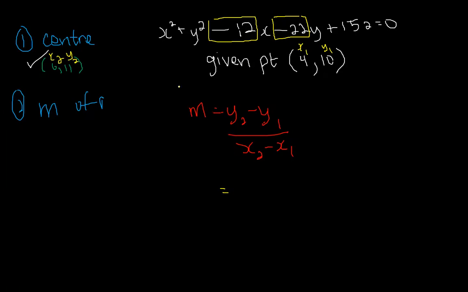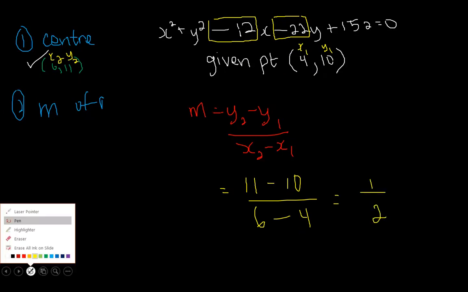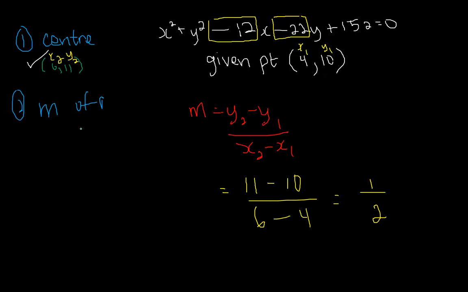So I'll just substitute my values. y2 is 11, so I'll put 11 minus y1, which is 10, divided by x2. x2 is 6, so you put your 6 there, minus x1, which is 4. 11 minus 10 is 1, and 6 minus 4 is 2. And that is why the gradient of the radius is a half.